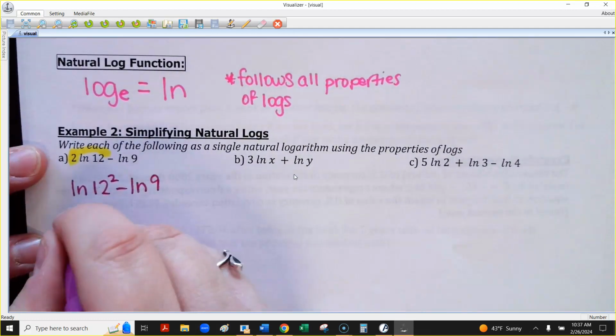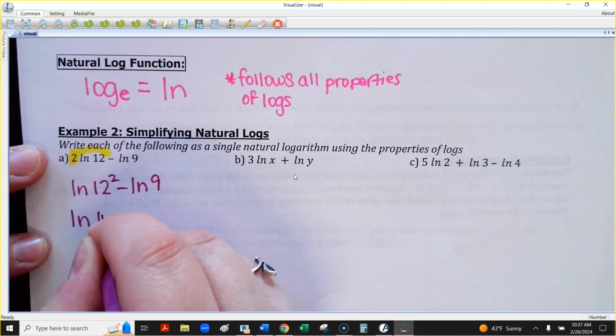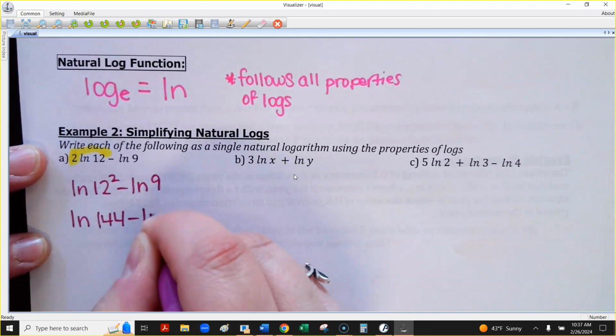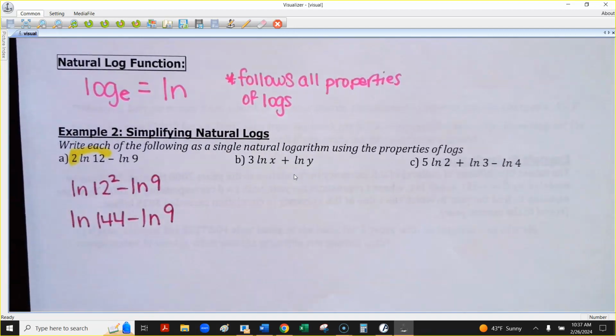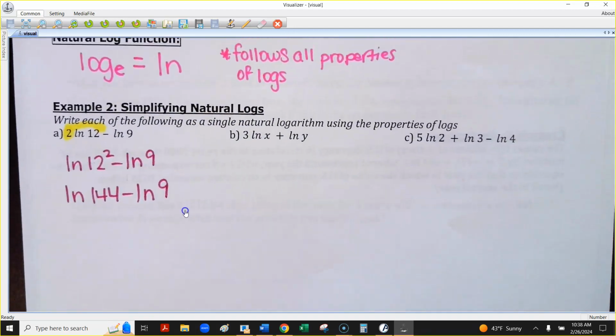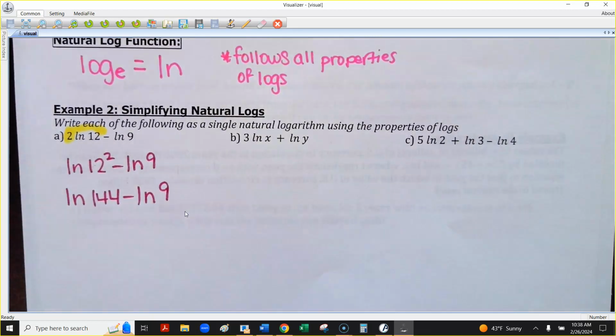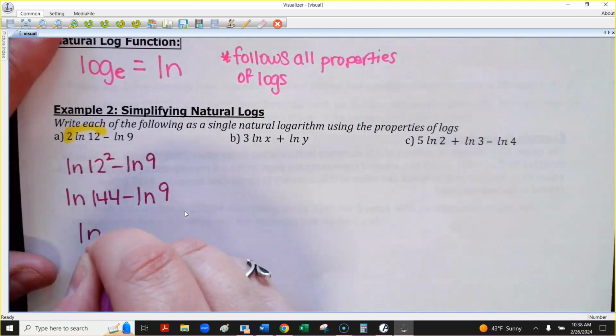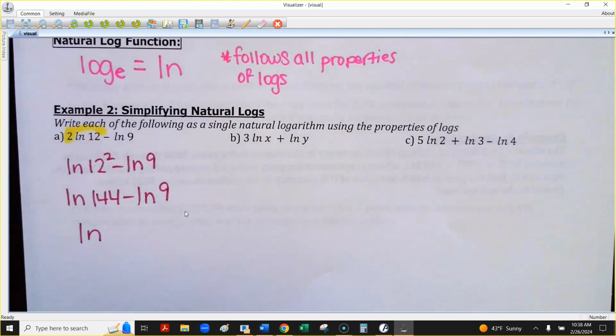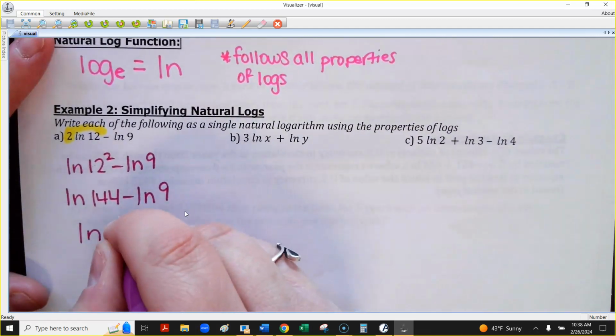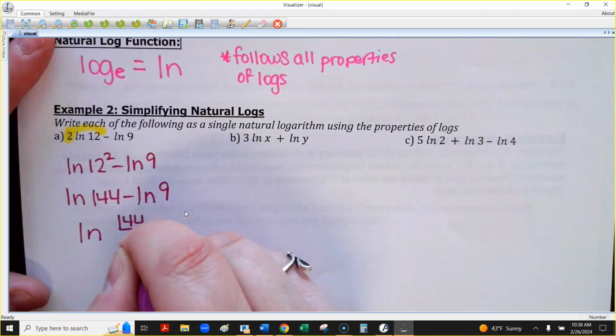So natural log 12 squared is 144. And then, do you guys remember, if I have subtraction between two logs, even though these are natural logs, we're going to put that together, just one natural log out in front. This is different than the change of base. And then to write this as a single natural log, you'd have the 144 over 9.